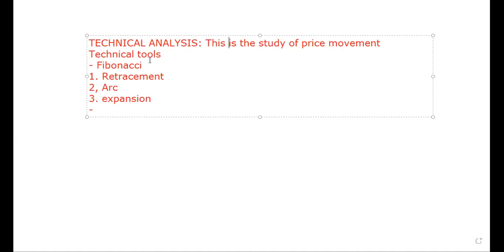The first one is the technical tools. Under the technical tools, we have the Fibonacci, and under the Fibonacci, we have the Fibonacci retracement, the Fibonacci expansion, and the arc. Then the second way is the Andrew pitchfork. This is another way you can study price movement.